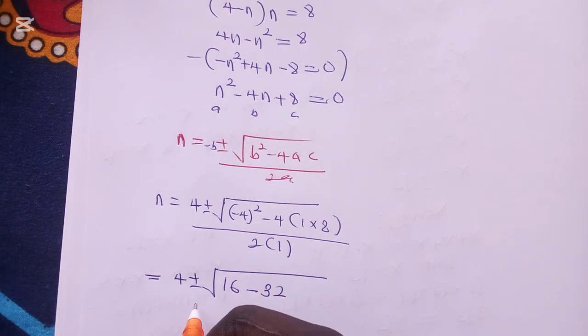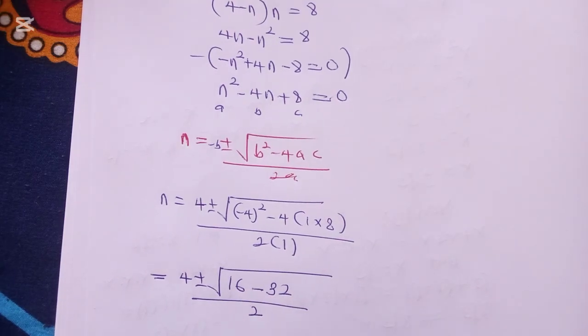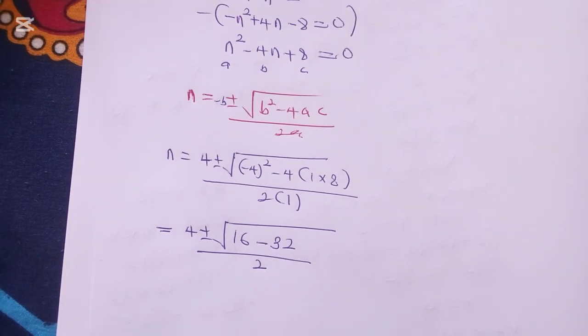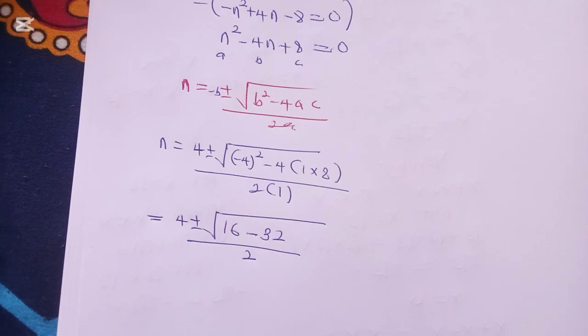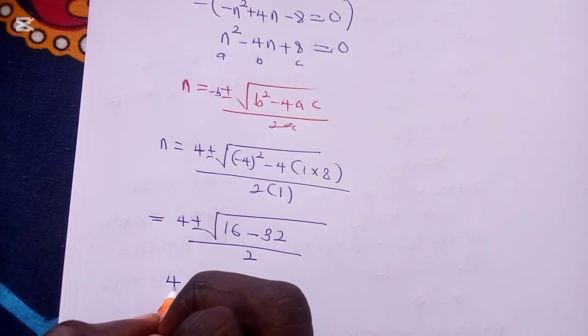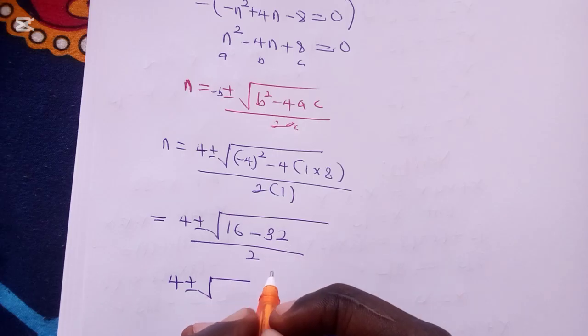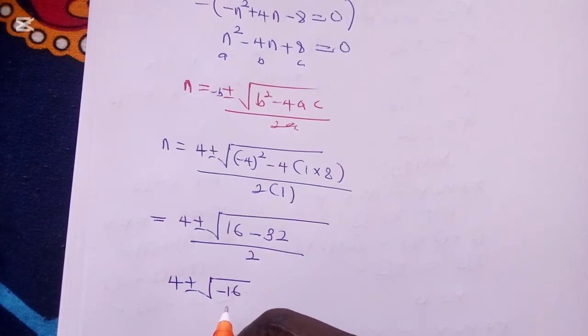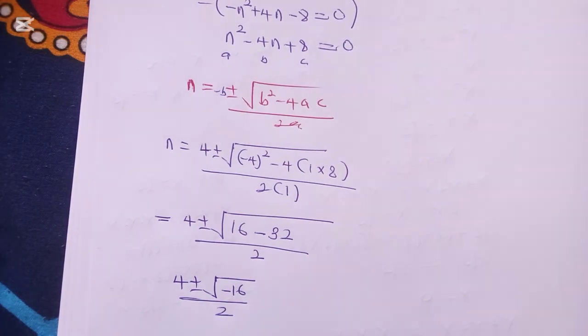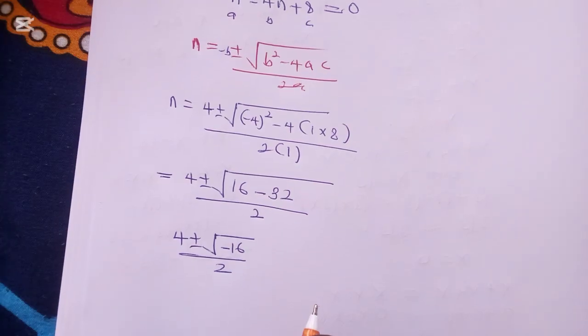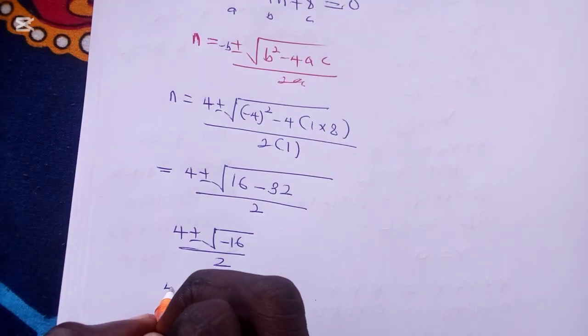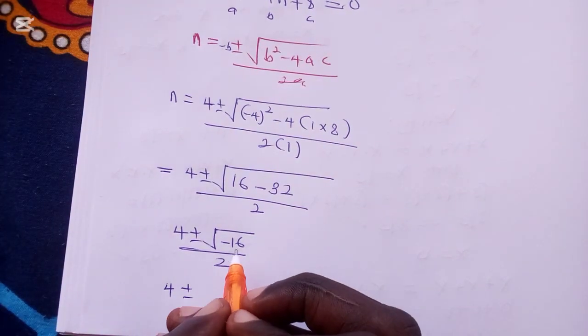Then we divide everything by 2. Then from this point, we say 4 plus or minus the square root of 16 minus 32 giving you minus 16. Then we divide by 2. Now from this, we have 4 plus or minus the square root of minus 16.